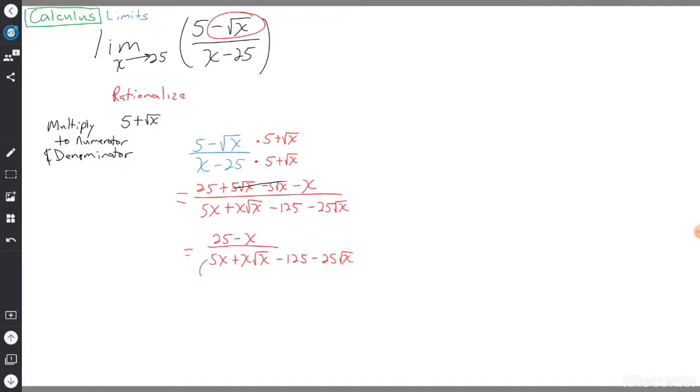If we look at the bottom part further, we can factor it. Actually, we want to group first.